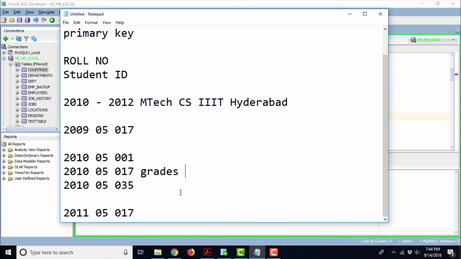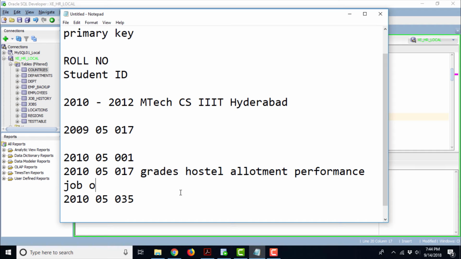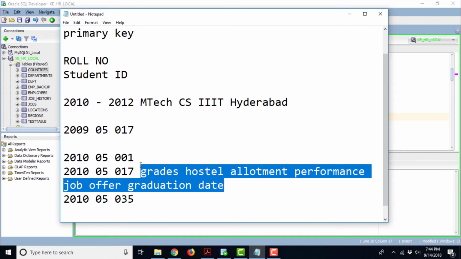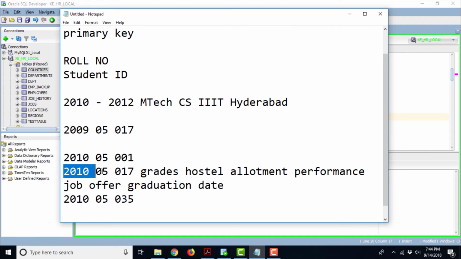It has the details of my hostel allotment, my performance, the job offers I held after college, and also my graduation date. All these records can be found if you search the college database with this number. This sort of number is known as the identification number, primary identification number or unique identification number.